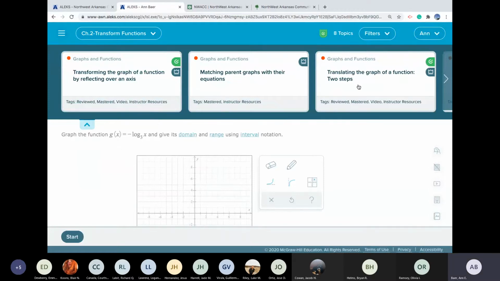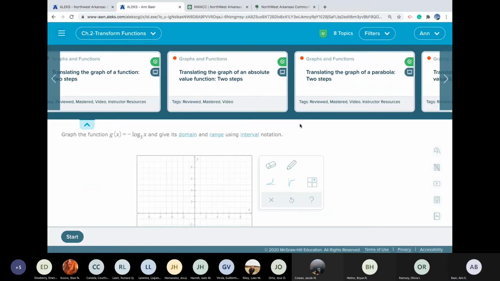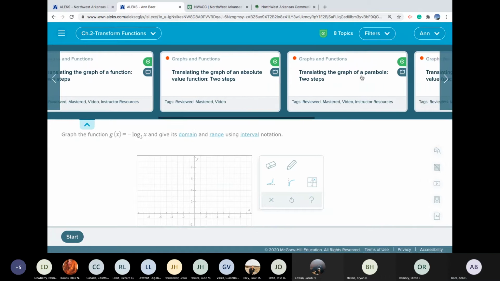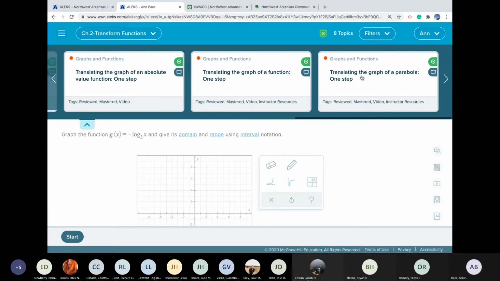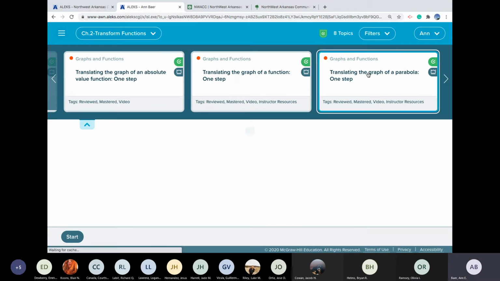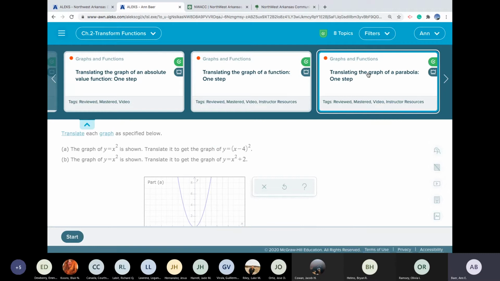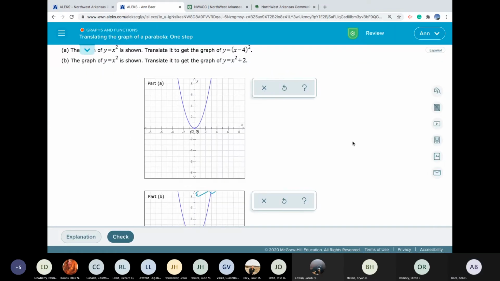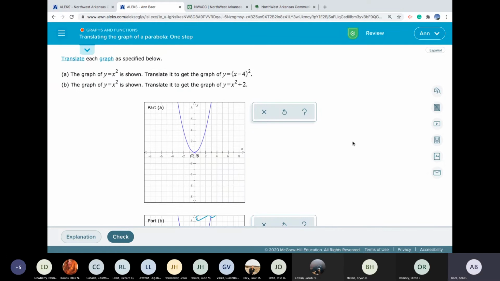And let's start from this end, and we'll work our way through. Translating the graph of a parabola, one step. So let's just do part A first and then part B, unless we want to compare and contrast them.